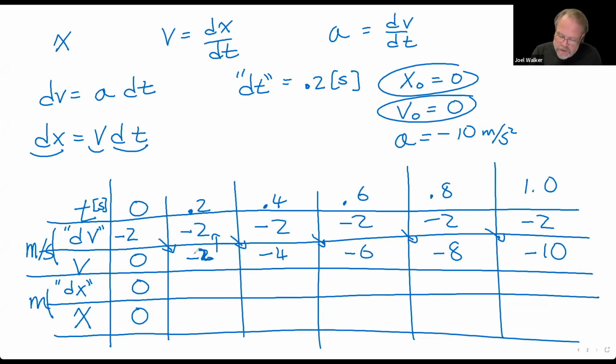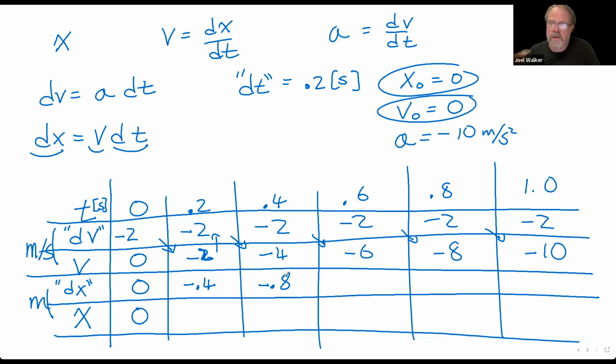When our velocity was -2 times a change of 0.2 seconds, we've got -2 times 0.2, -0.4 meters dropped in that interval. When the velocity goes to -4, -4 times a time interval of 0.2 seconds, that would be -0.8 meters.